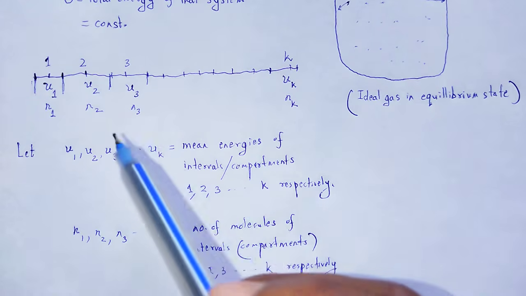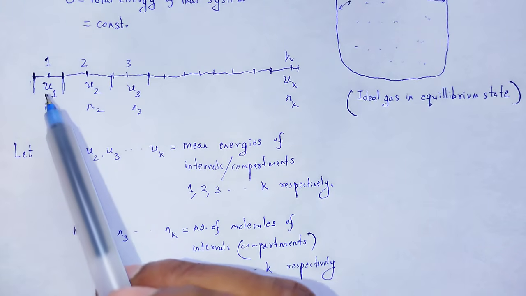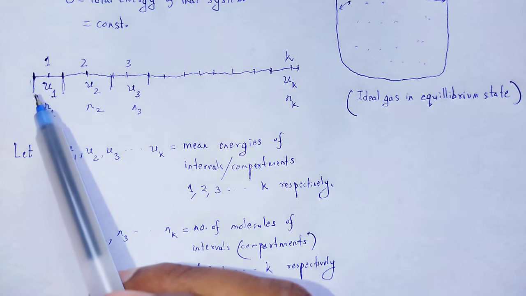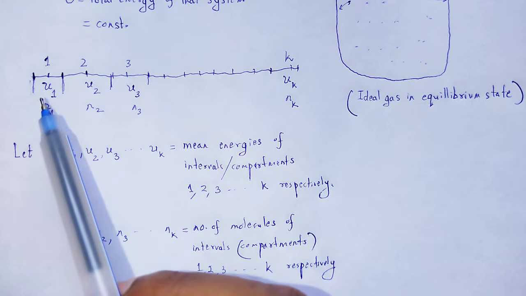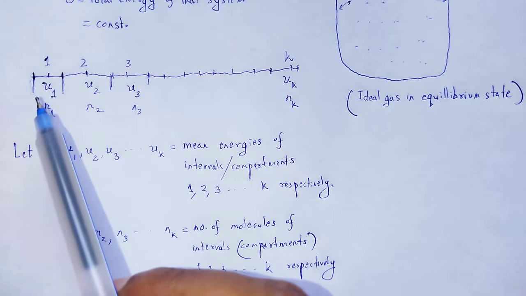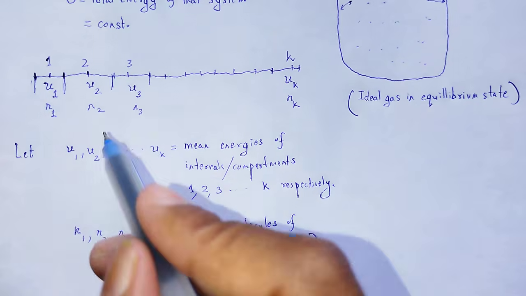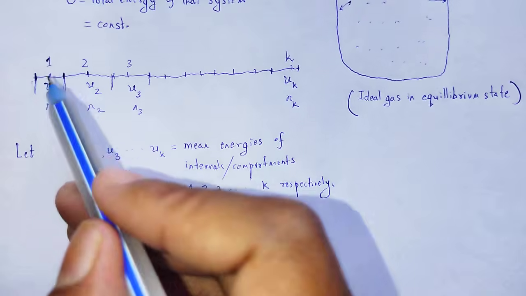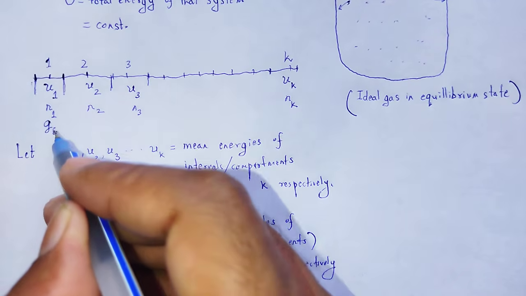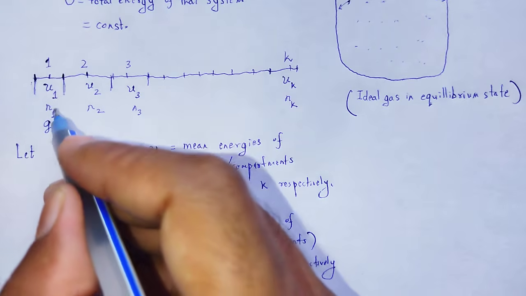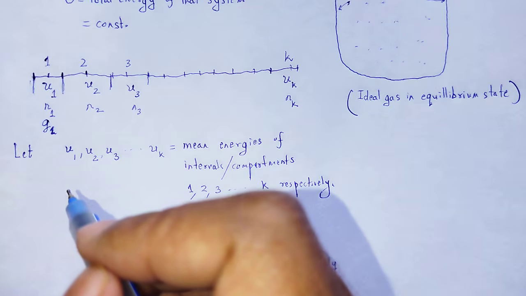Next, let these compartments, or intervals, be further divided into a large number of elementary cells, and each elementary cell has equal size. Let compartment number 1 be divided into G1 number of such elementary cells.